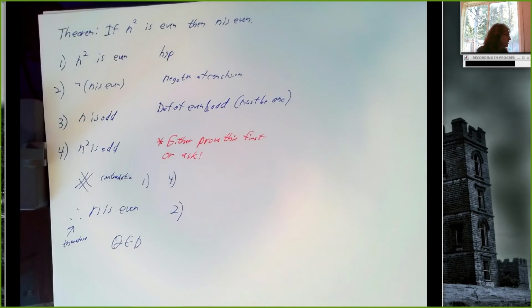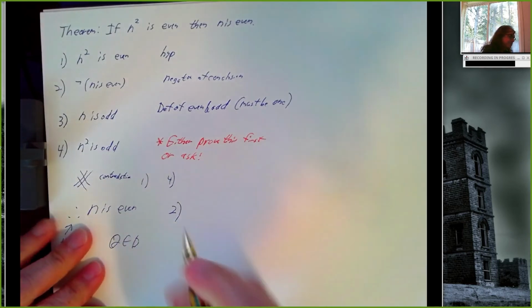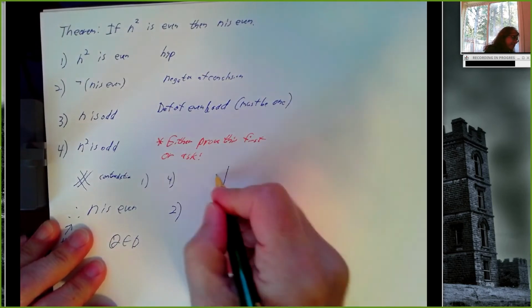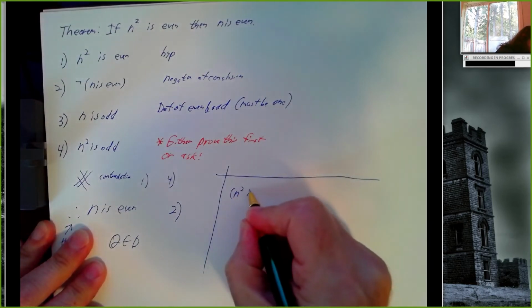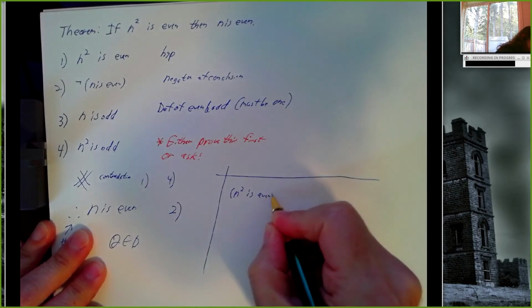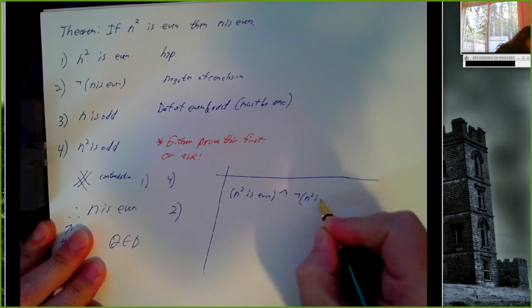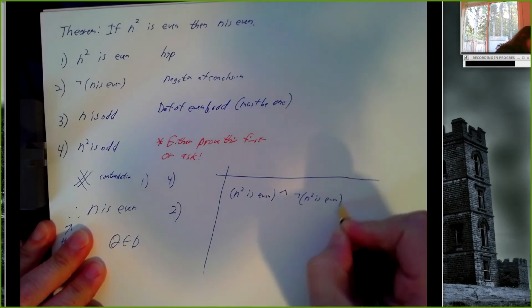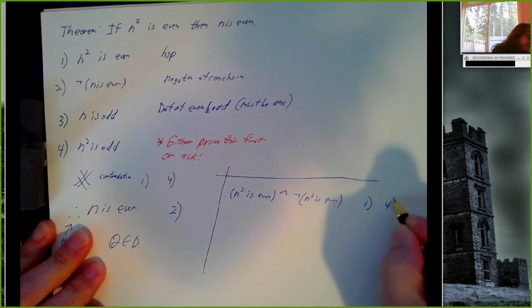If you wanted to write this more formally, we could write n squared is even and not n squared is even. And that would be a statement of propositions 1 and 4.